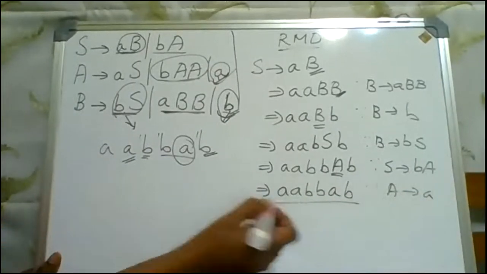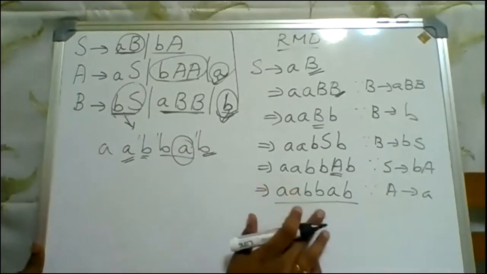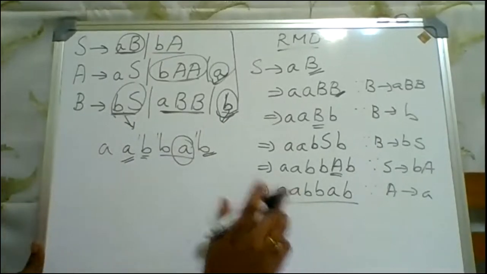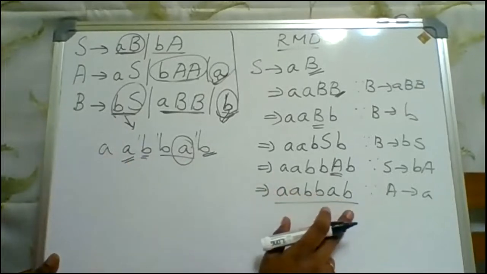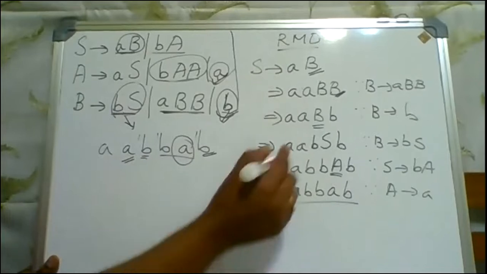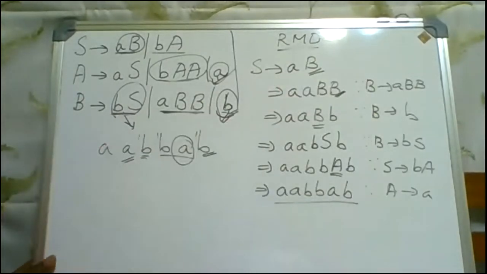Now we have replaced all the string with the respective productions, and finally we got the same string, that is AABBAB. So in rightmost derivation, we replace the rightmost variable, and in the leftmost derivation, we replace the leftmost variable first.